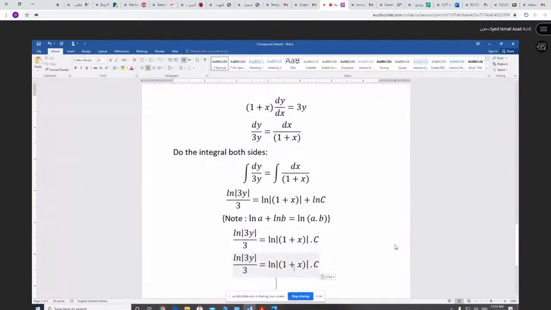You will take this 3 on the right hand side and multiply. Okay. So yes, when you take, yes, the rest is just ln 3y. Okay.